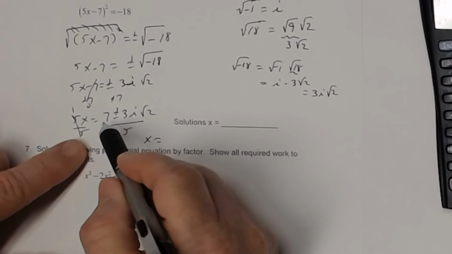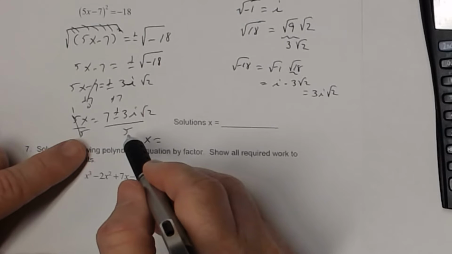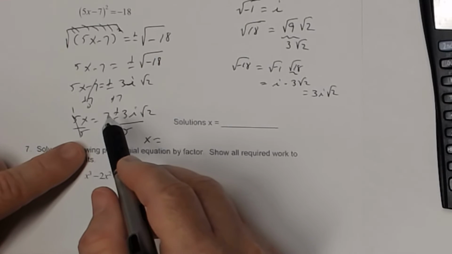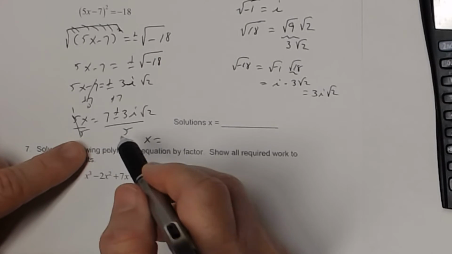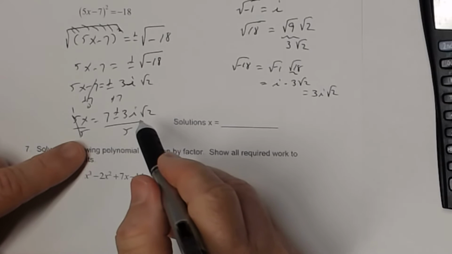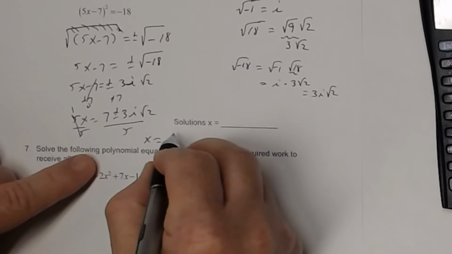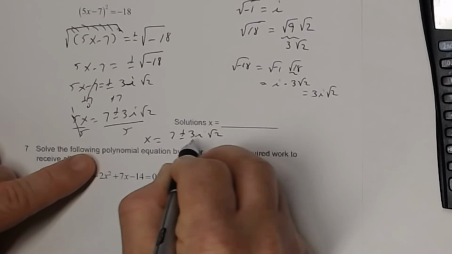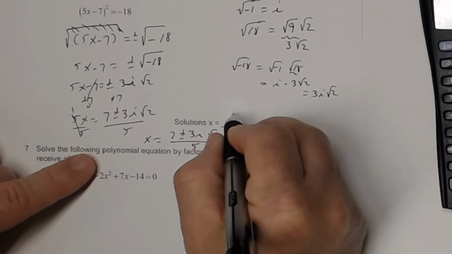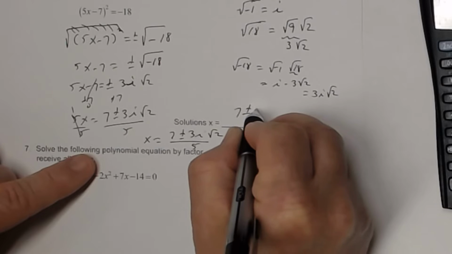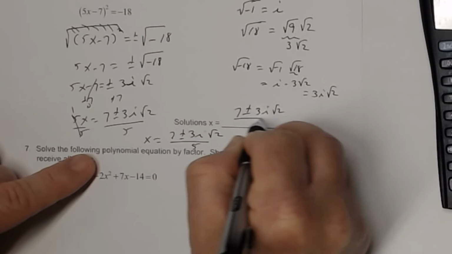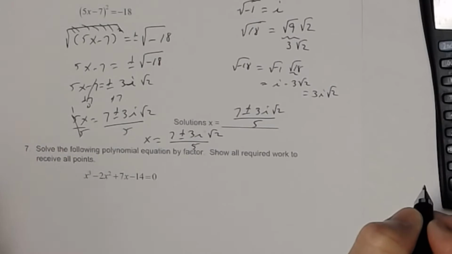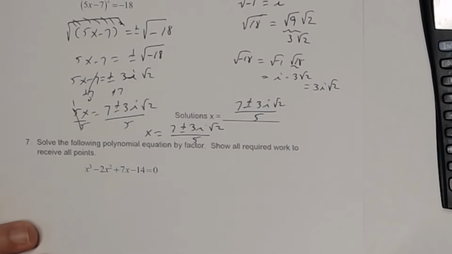Here, though, 7, 3, and 5, other than the factor 1, have no other factors in common. So I'm going to leave it like that. So x equals 7 plus or minus 3i square root of 2 divided by 5, and that's going to go here. Okay? All right, so that's number 6.